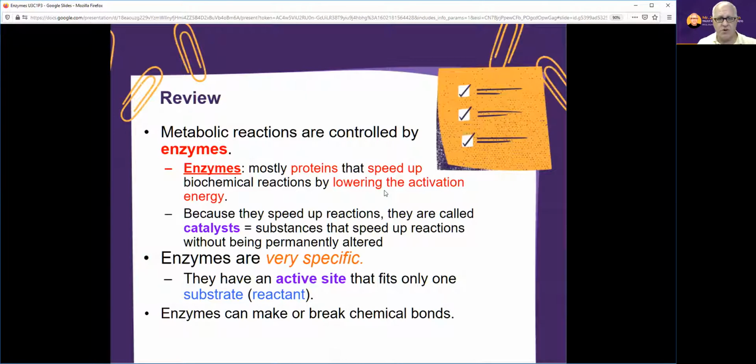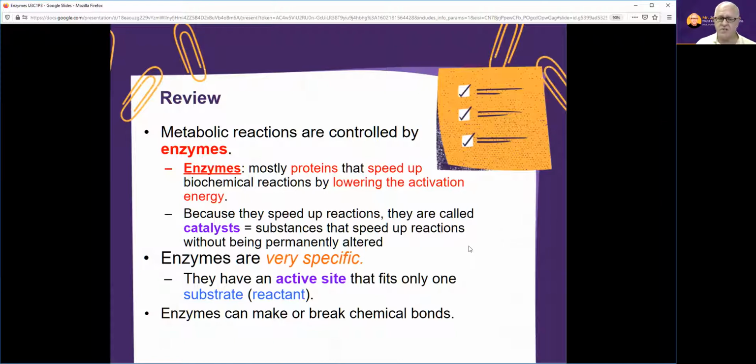So let's review part 2. Metabolic reactions are controlled by enzymes. Enzymes are mostly proteins that speed up biochemical reactions by lowering the activation energy needed to make those reactions happen. Because they speed up the reactions, they're called catalysts, and catalysts are substances that speed up the reactions without being permanently altered.